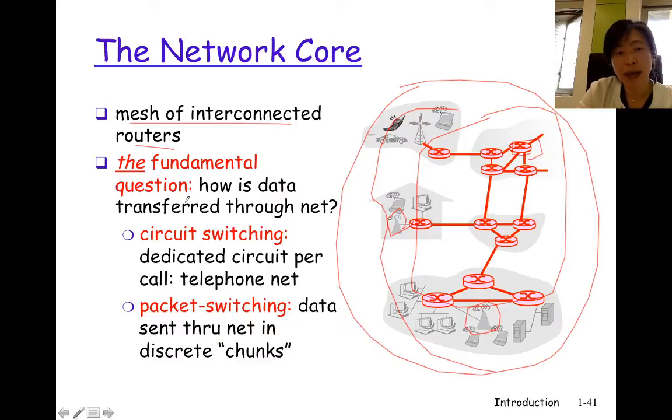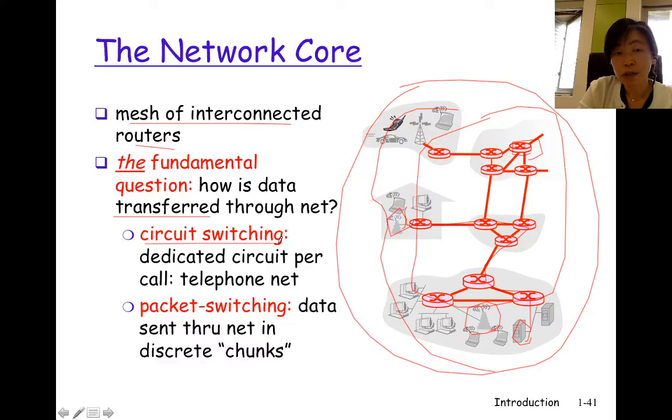But the question is, the core here is playing a very important role of transmitting data, switching data around, so potentially a user here or a service here can transmit data seamlessly to another destination. So the transferring mode here can be designed in multiple ways.